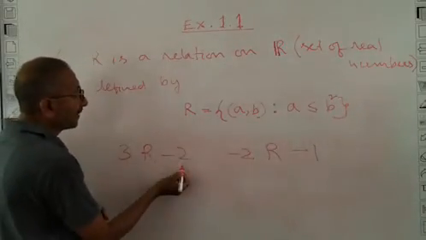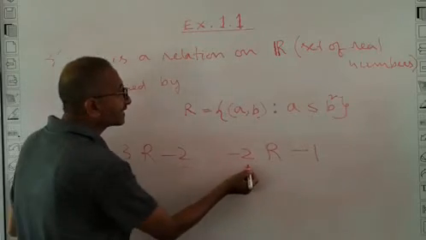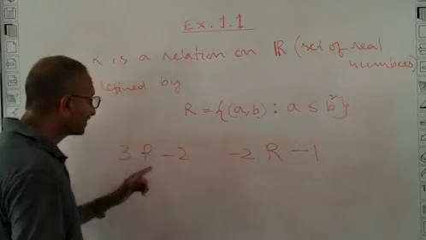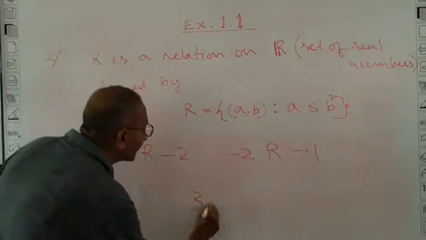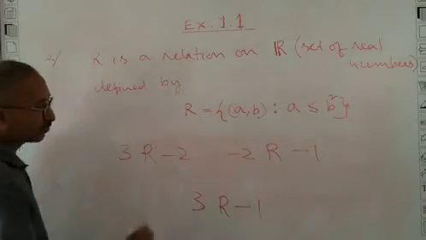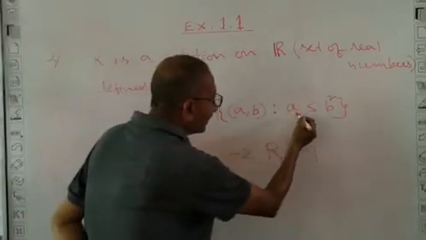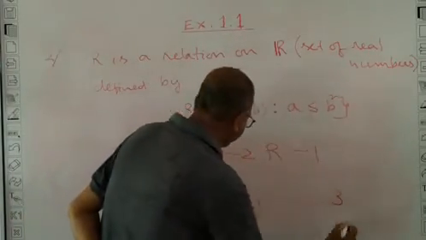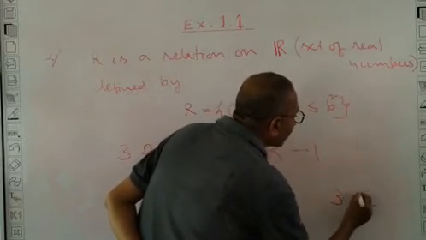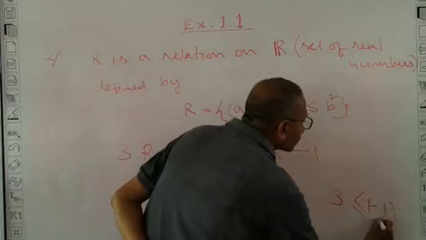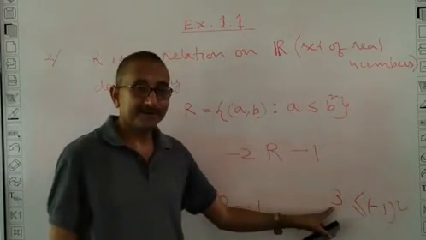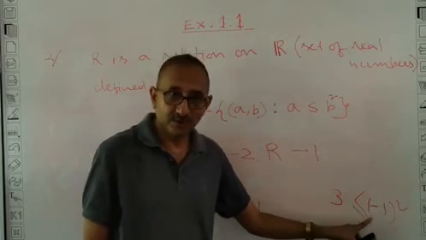This ordered pair is ending with -2 and this is starting with -2. So to get transitivity, we must have 3 related to -1. Let us see whether 3 is related to -1 or not. In place of a you write 3, and in place of b, -1 whole square, which is 1. So is 3 less than or equal to 1? No, this is a wrong statement.